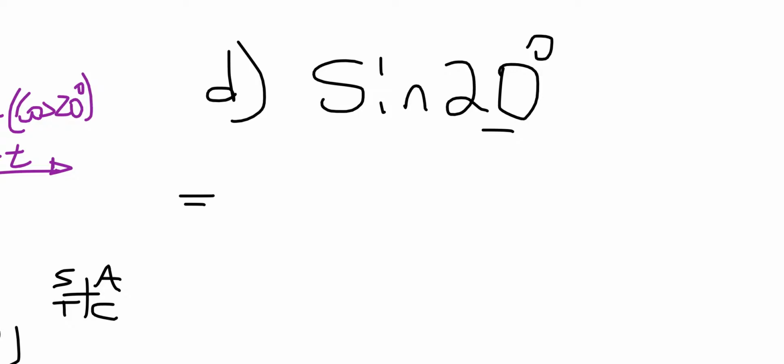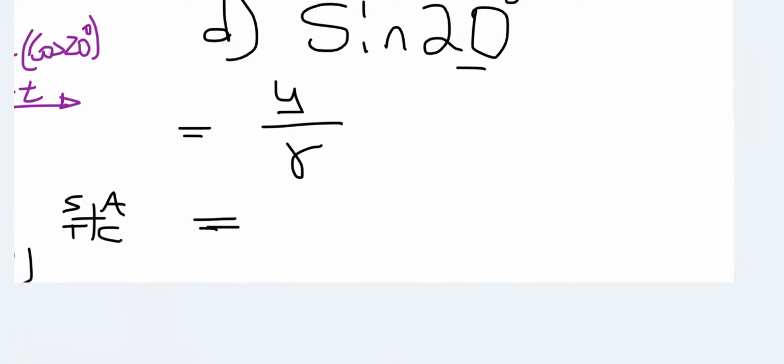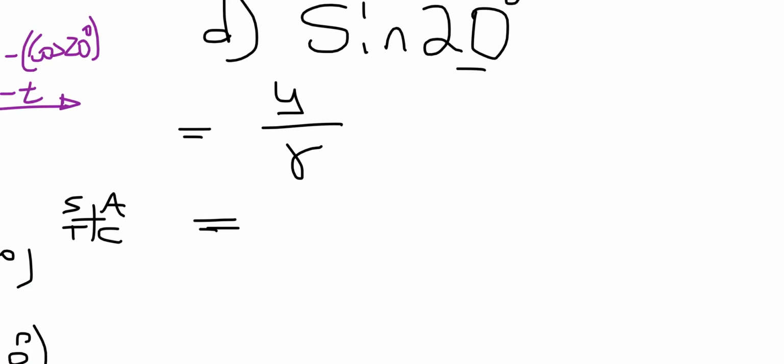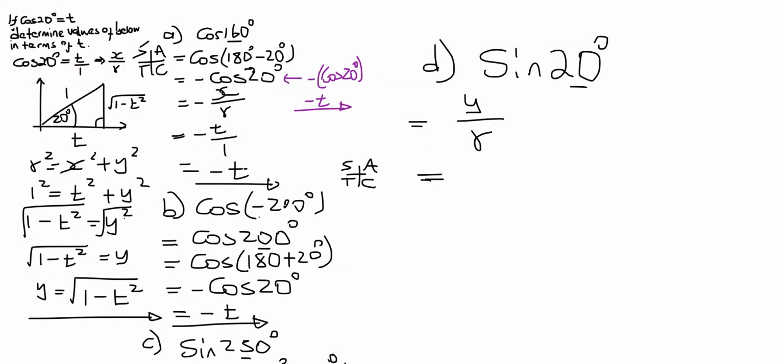So that means you just need to write the ratio for sine, where sine we know that it is y over r. So the main aim is to make sure that the angle is reduced, so that you will write it in its ratio form, and then you substitute based on the diagram. On the diagram, we calculated that y side, which is square root of 1 minus t squared, r is 1.